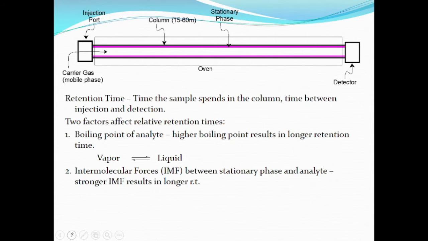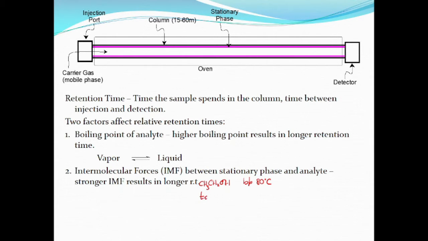There is a second factor I mentioned: there is a stationary phase coating that column, and you do have interaction between the stationary phase and the analyte. If you have strong intermolecular forces, that will also slow the compound down. If we compare something like ethanol, so this is common drinking alcohol, has a boiling point of around 80 degrees Celsius.